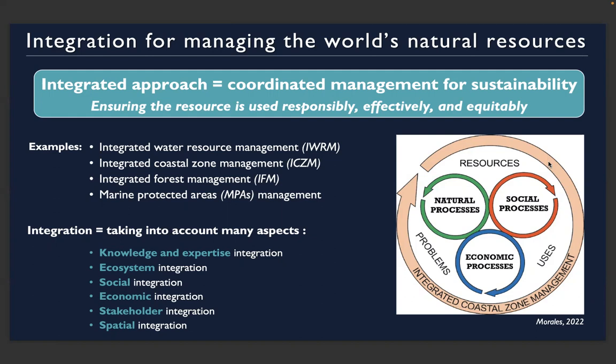Also, you do economic integration because you need to integrate the economic aspects in this management. You also do stakeholder integration because you need to take into account all the actors that have needs for this resource or are exploiting this resource. And you also do spatial integration because you are working at the watershed scale.